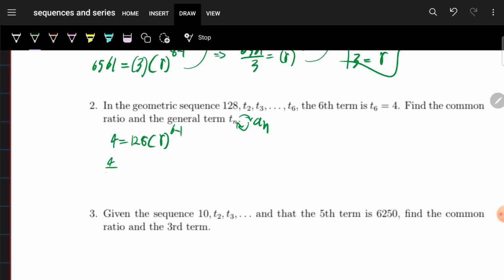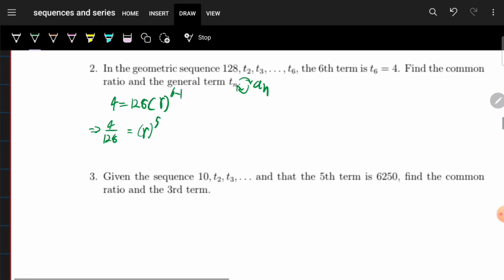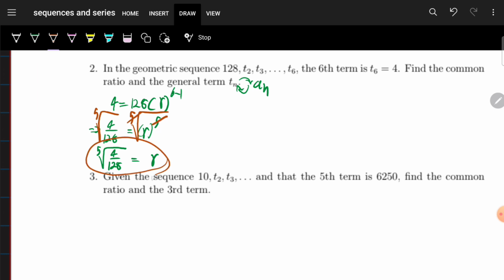So we'll get 4 over 128 is equal to r, and then 6 minus 1 is 5. And next I'll take the 5th root of both sides, right? So if we take the 5th root of both sides, 5th root and power of 5 cancels out, we get r is equal to this.